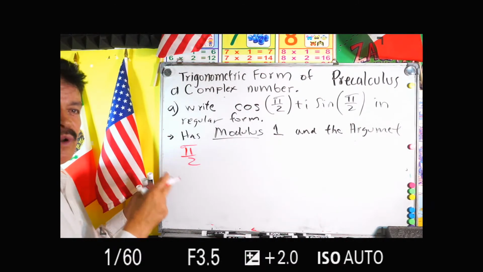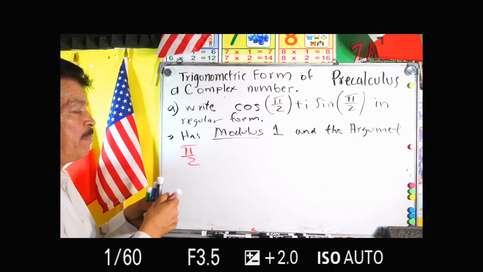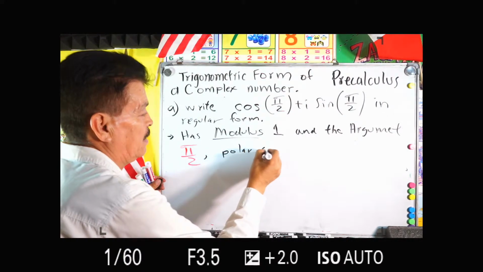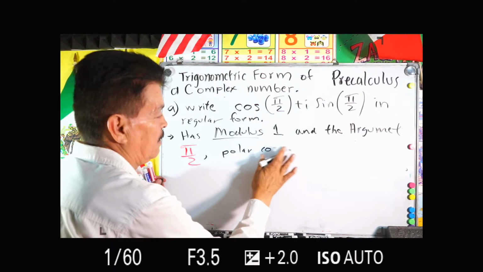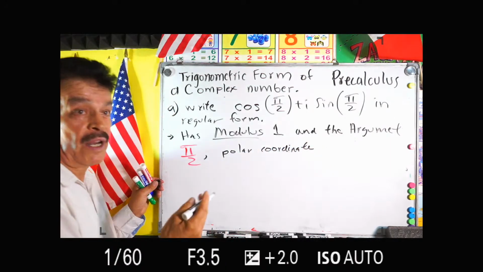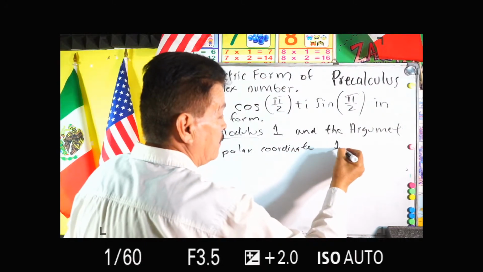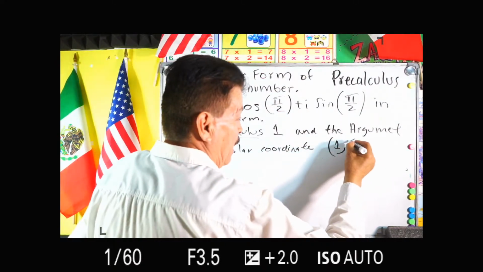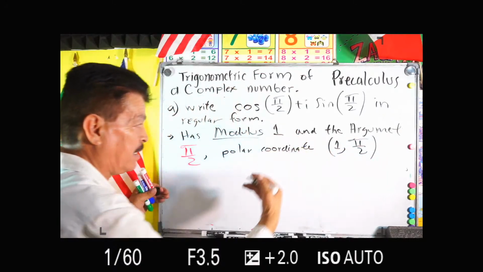So it has polar coordinates 1, pi divided by 2. I'll write it step by step.